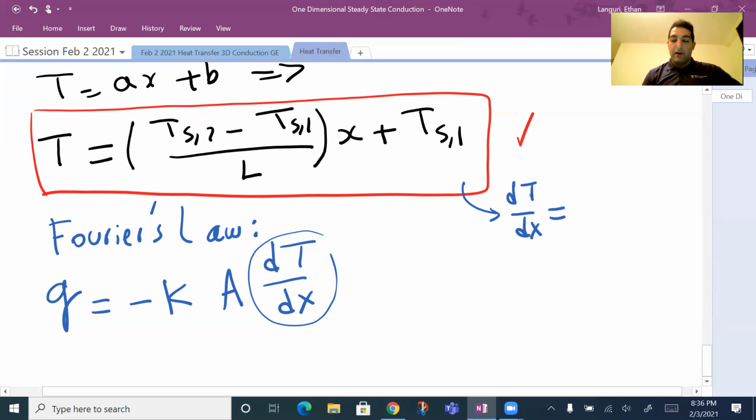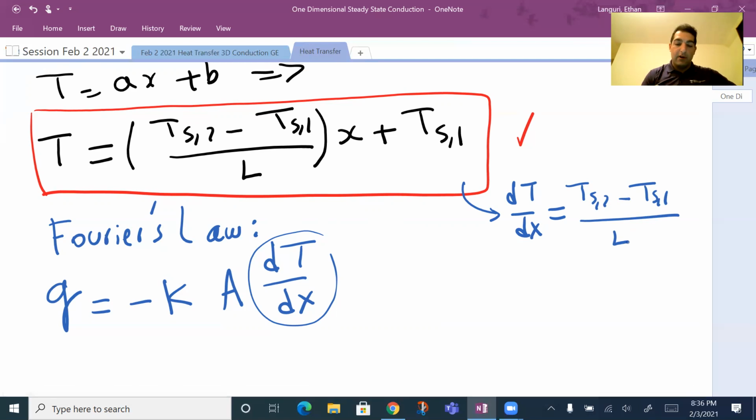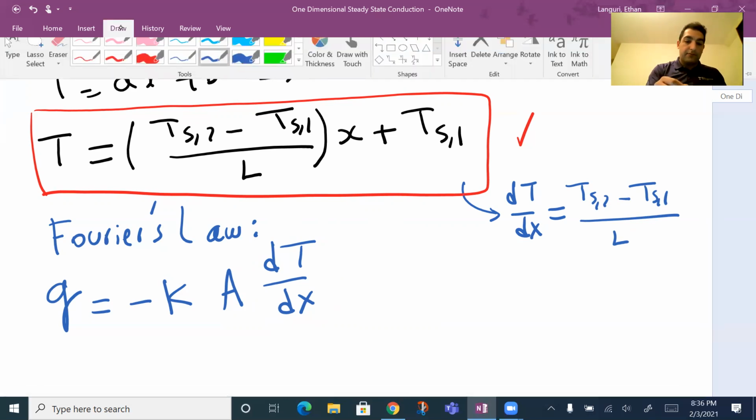So really the derivative of temperature with respect to x would be just TS2 minus TS1 divided by L, correct? So that becomes the derivative of the temperature equation we have in this red box.